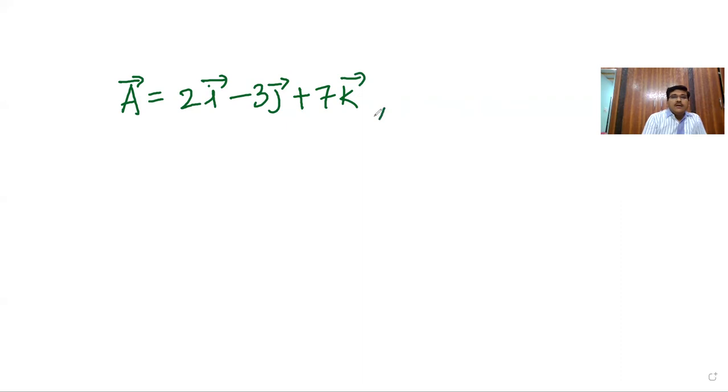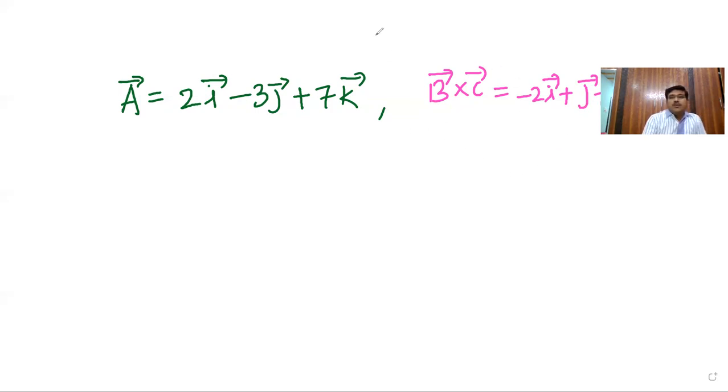And what is the b bar cross c bar we got? B bar cross c bar is how much vector we got? Minus 2i bar plus j bar plus k bar.